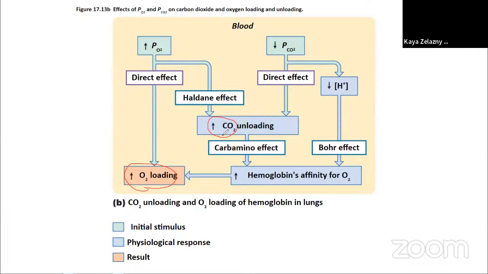So this again does partially go back to those partial pressures of oxygen and carbon dioxide in the blood. There's a direct effect of oxygen: we have more oxygen, so it's going onto the hemoglobin. We're increasing oxygen loading. That part is fairly straightforward.